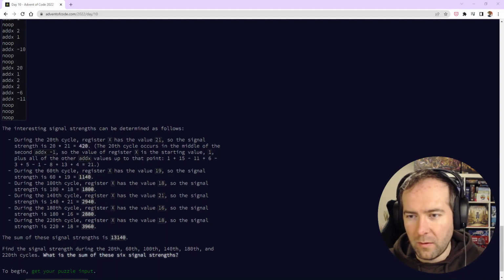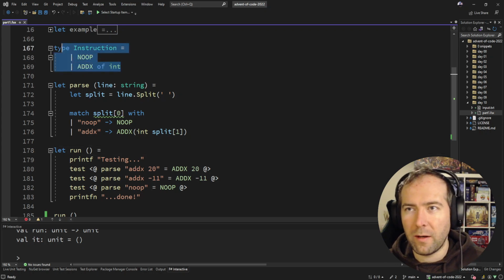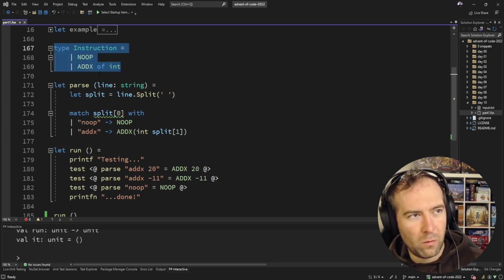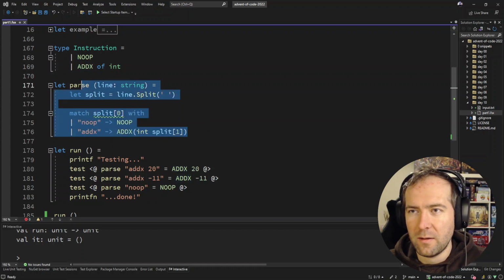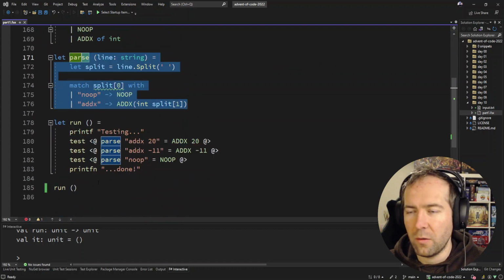What have I done? I have parsed the input, so I parse instructions into noop and addx, and that is it. That's all I have done in the code.